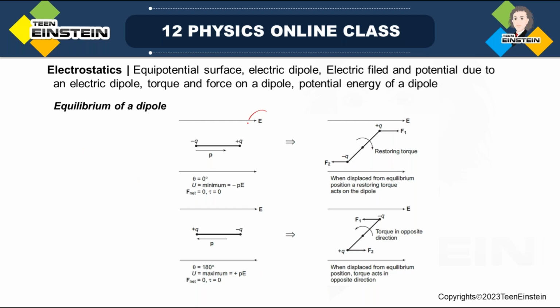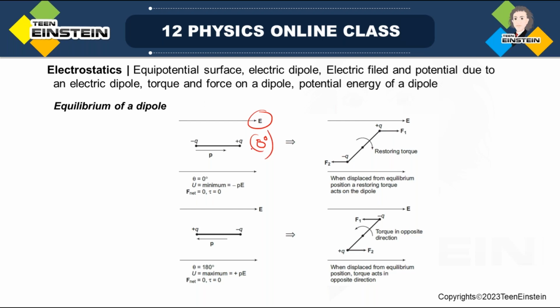See, if this is the electric field direction and this is the dipole direction, negative to positive, these are actually in a similar direction, or they have a 0-degree angle between them.